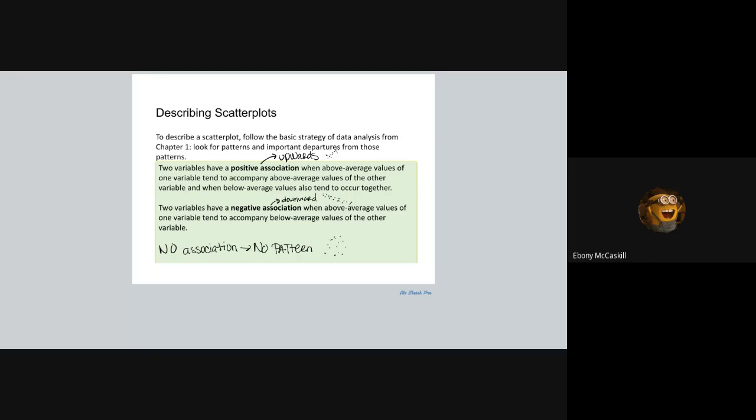So some things may not be strong, but they're going kind of up. Some things they go straight up in a line. Some scatter plots, maybe they're non-linear. And we're going to talk about those patterns in a moment. I just want to make sure everyone has time to really go over taking notes on their notes.